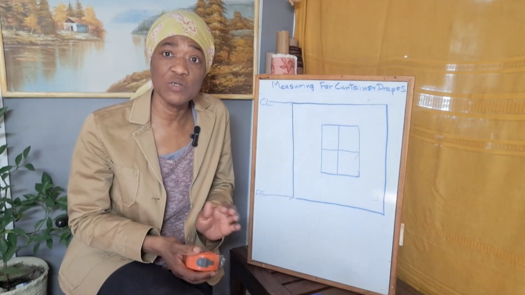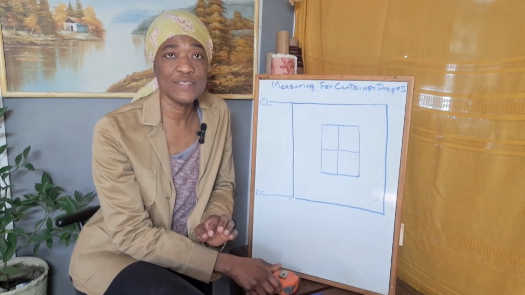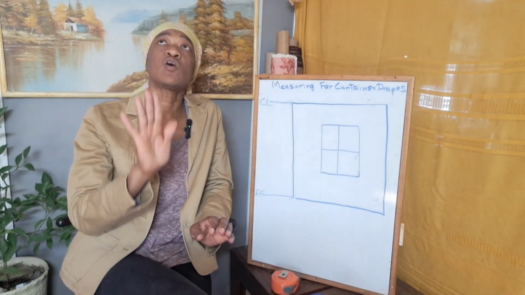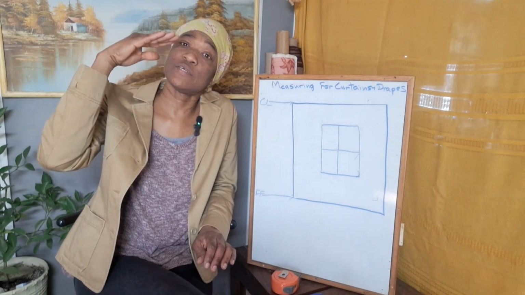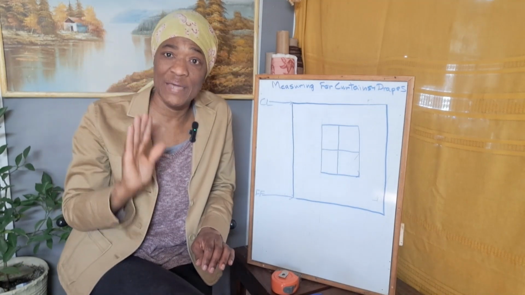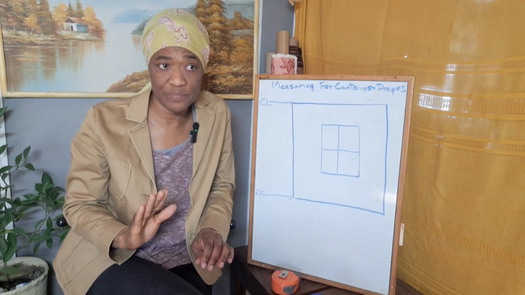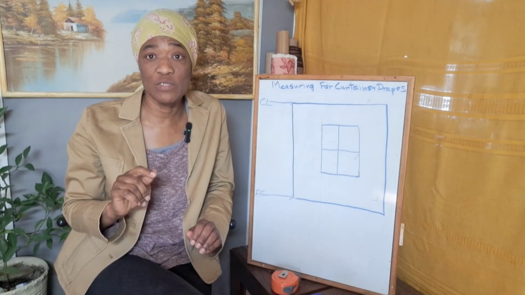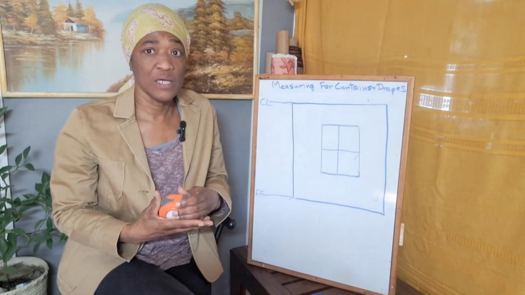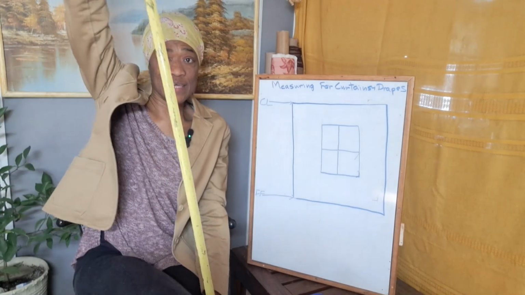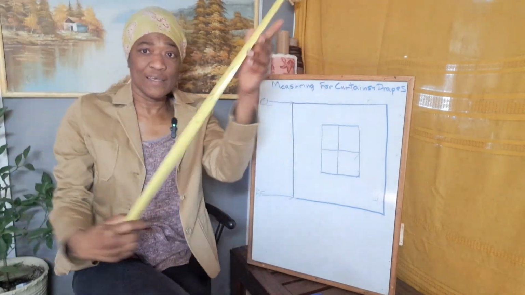Number two is don't stand below and look up at your measuring tape. Be on just about the same level as your measuring tape. Also, if you're measuring from top to bottom, instead of going like this, go like this.